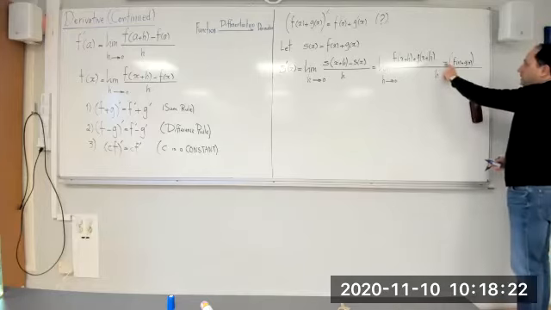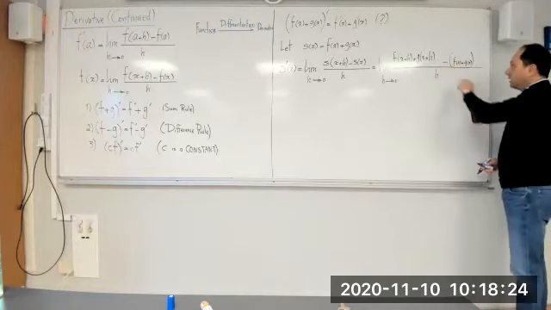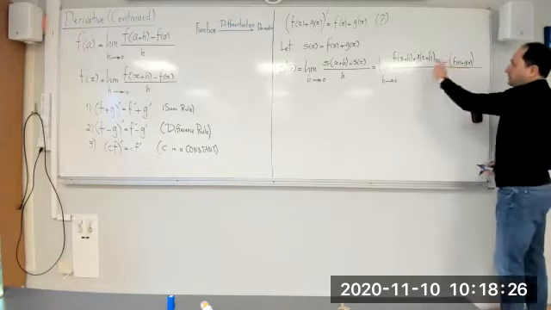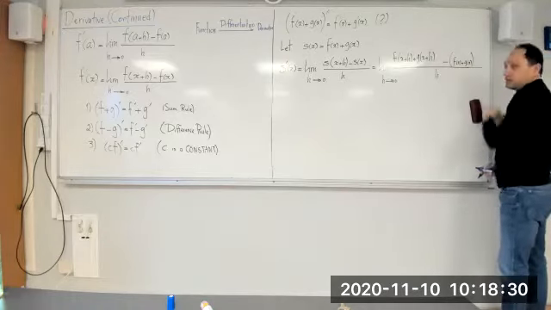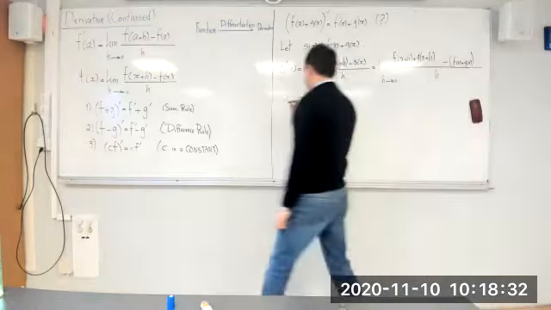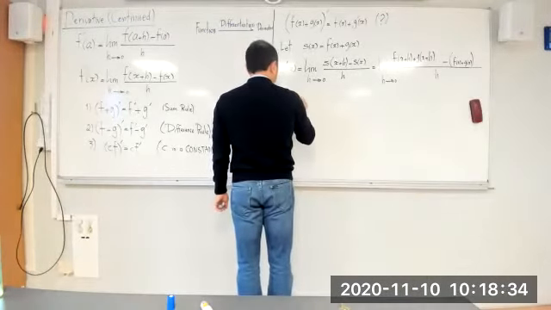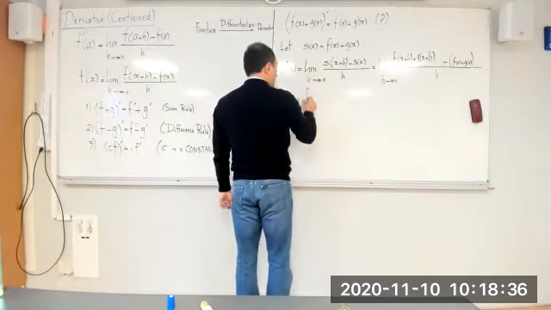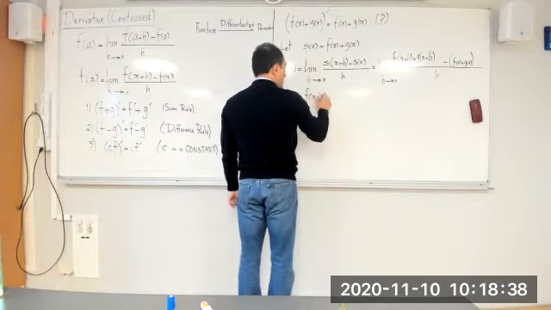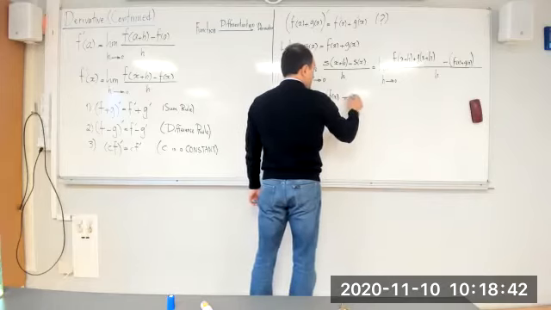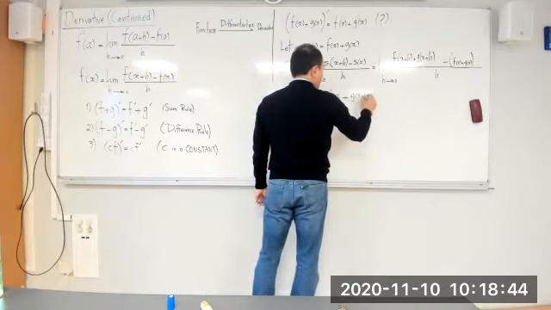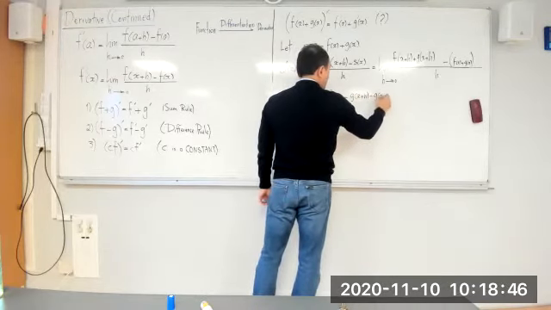Now you can multiply the negative sign inside, taking the negative of f of x with this one and the negative of g of x with that one. So you can write this as the limit of f of x plus h minus f of x, plus g of x plus h minus g of x.